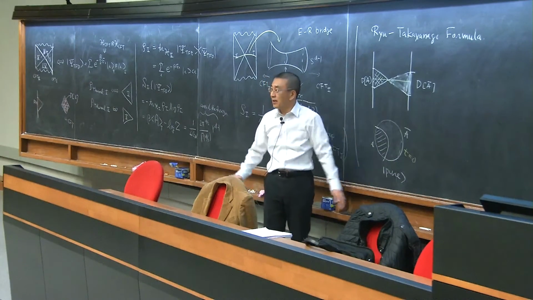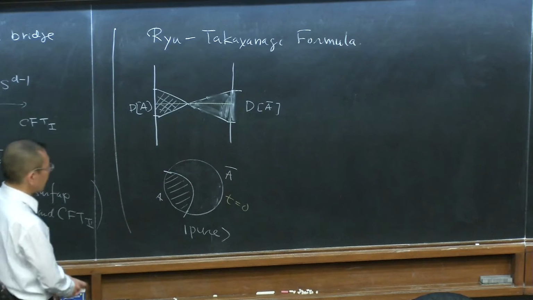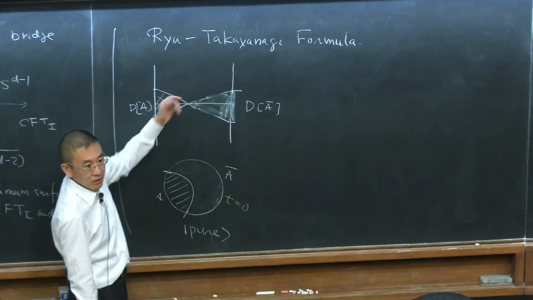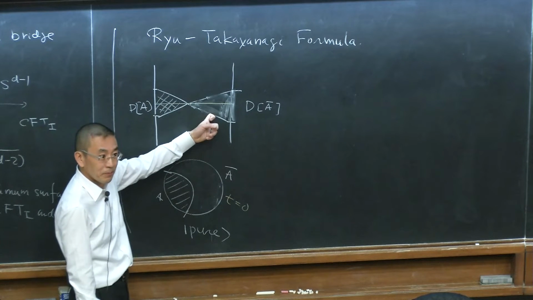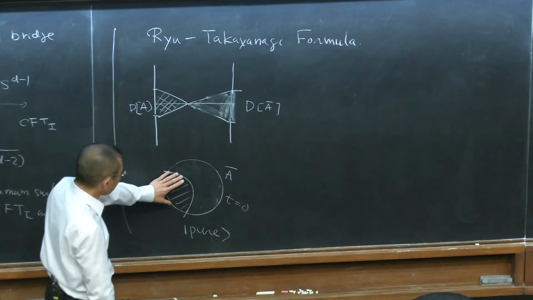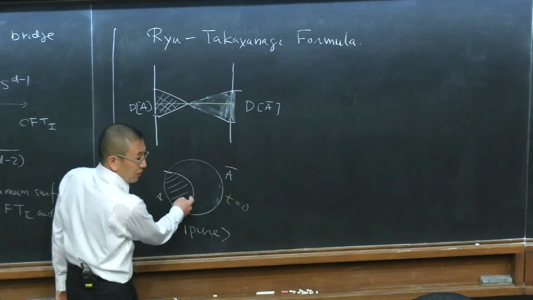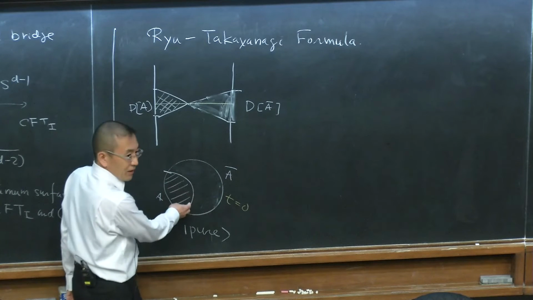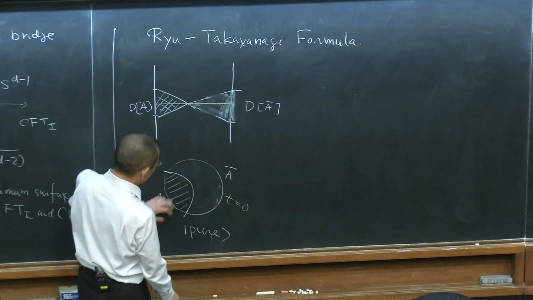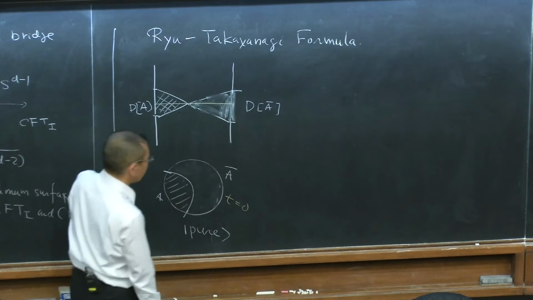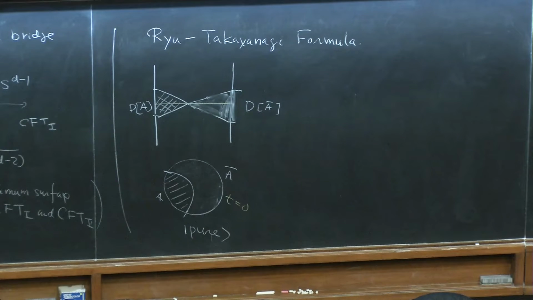Doesn't have to be AdS, some smooth geometric solution for the gravitational theory. Then this is again divided into two regions. So even though this is a single geometry, it is naturally divided into two domains, separated by the fact that you have this causal patch on this side and you have a causally related region on the other side.